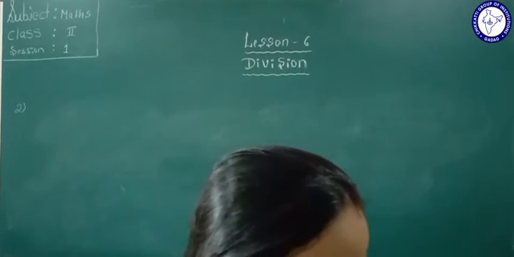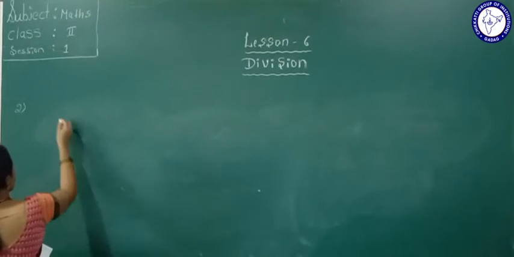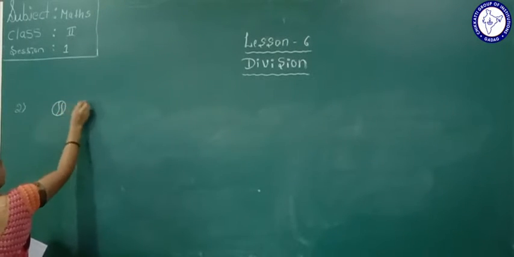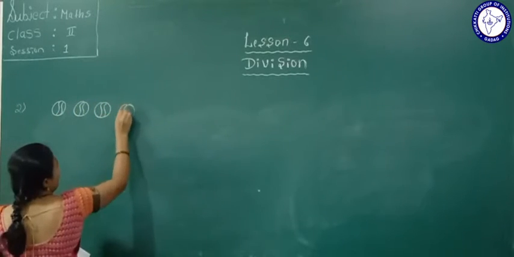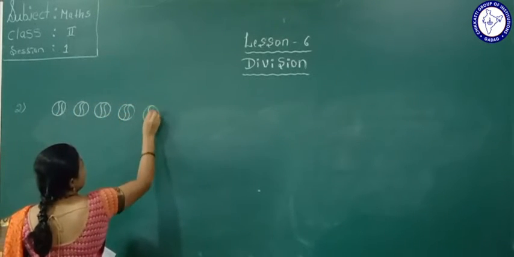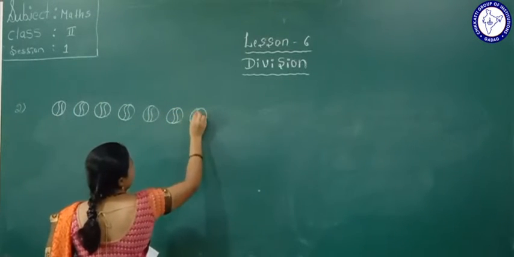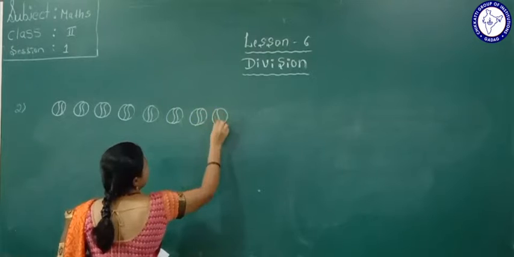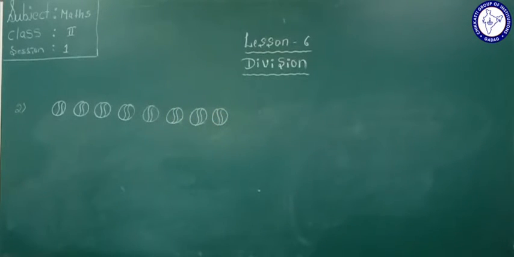How many balls are given here? They have given totally 8 balls. 1, 2, 3, 4, 5, 6, 7, 8. Totally they have given 8 balls. So with the 8 balls given here, we will make 2 groups.